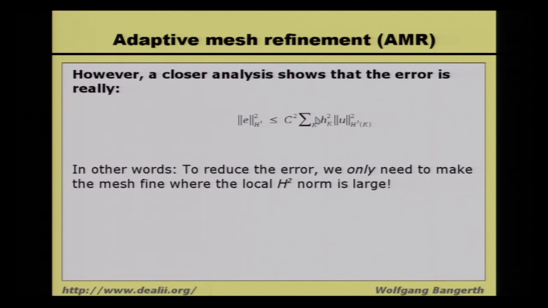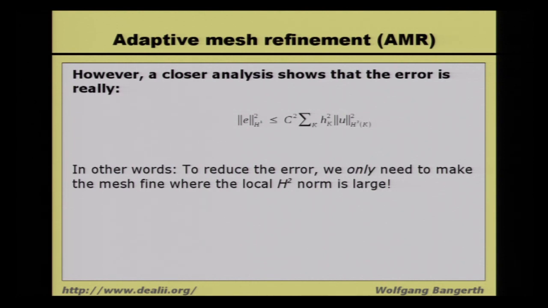Namely, that the square of the H1 error, the thing on the left here, is actually bounded by this constant squared, and then not just the maximum mesh size times the global H2 norm of the solution, but in fact a sum over all the cells K, where K are the cells of my mesh, of the diameter of the cell squared, times the H2 norm of the solution on this particular cell.